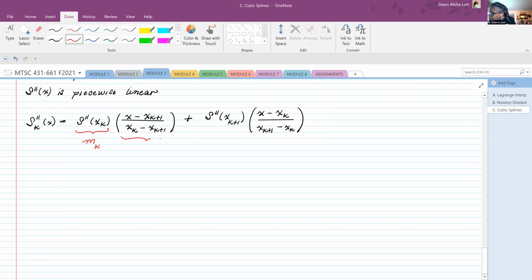This is negative h_k, that's the distance between any two points. Then this is going to be M_{k+1}, and then this is going to be positive h_k.